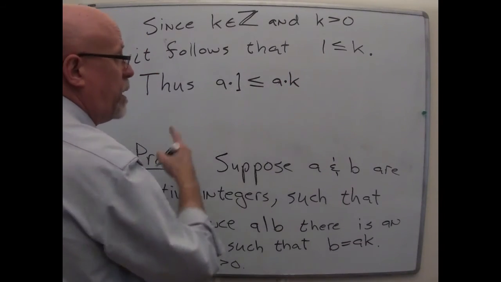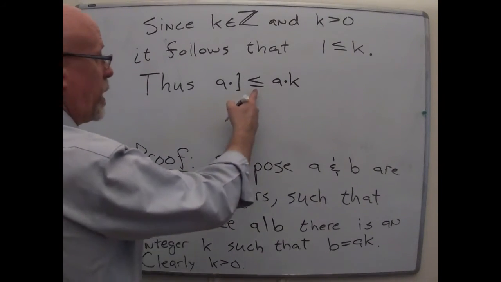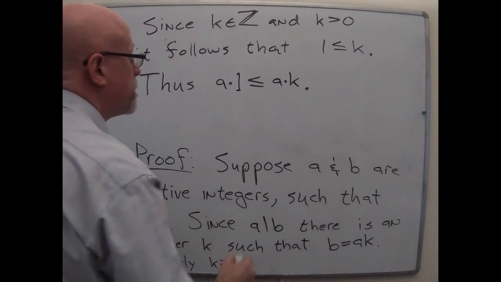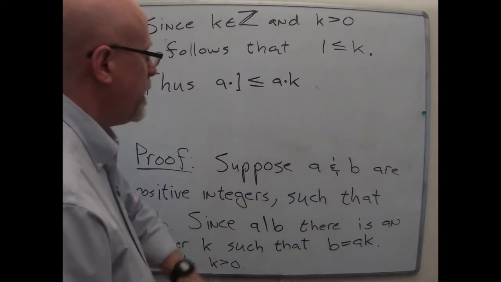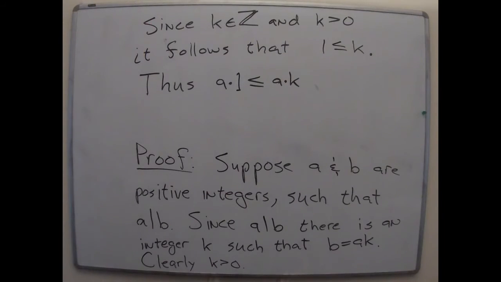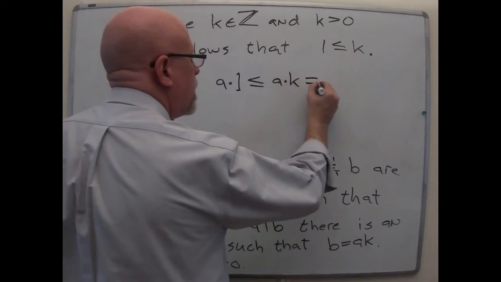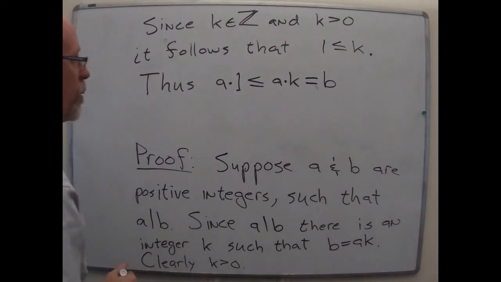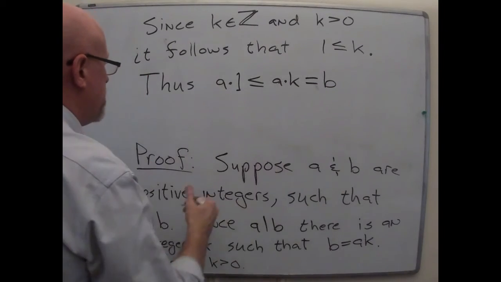But A is not negative, A is a positive number. That was our assumption. So the direction of the inequality remains the same. Well, maybe I shouldn't put a period there, because what's AK? It's B. So A is less than or equal to B.